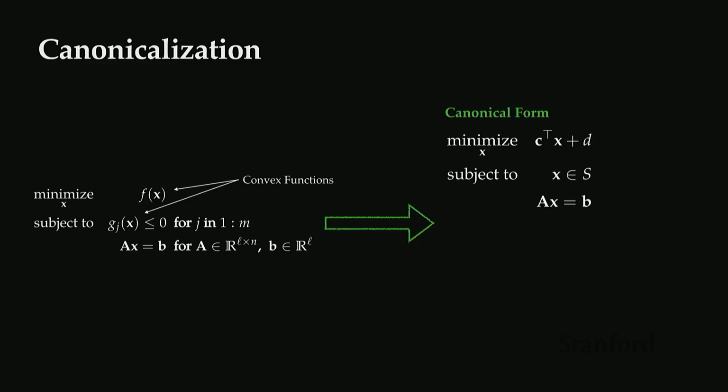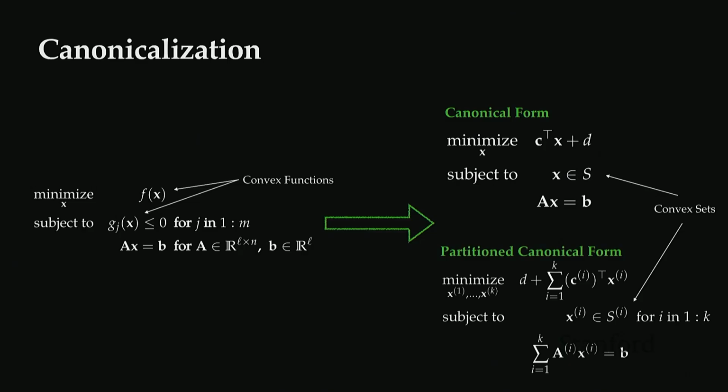It's going to take a linear objective subject to affine equality constraints and then set constraints, which are going to be convex. And in reality, through the process of canonicalization we're going to end up with what is a partition canonical form, where different variables and constraints end up being grouped together, which ends up making solvers very efficient.